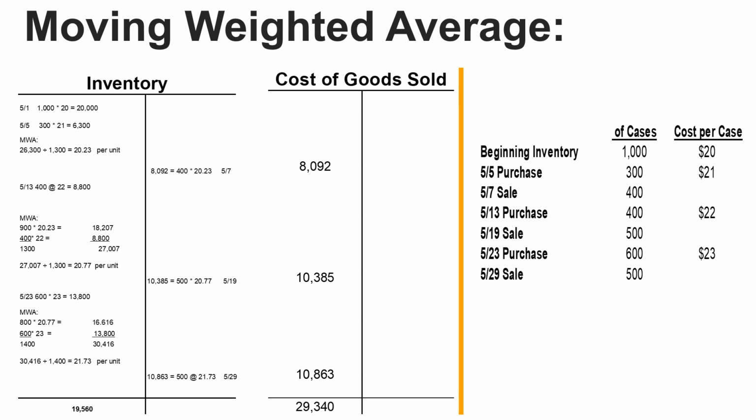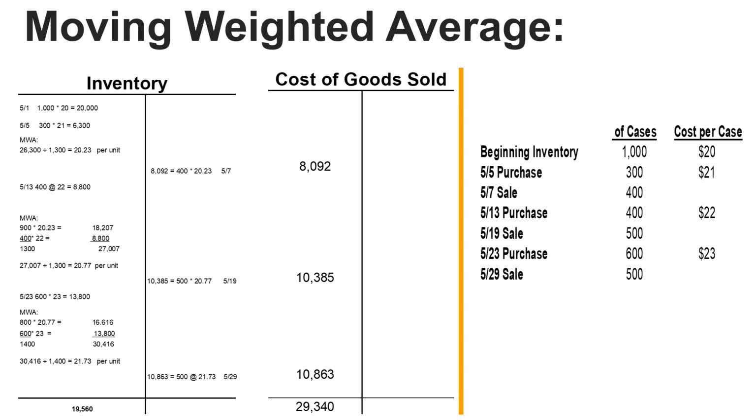One of the things that you'll notice is that I am going to show the beginning inventory and all purchases the same as I have in the other problems, because which method I'm using to account for the allocation of cost of goods sold does not affect the actual price paid for inventory during the period.